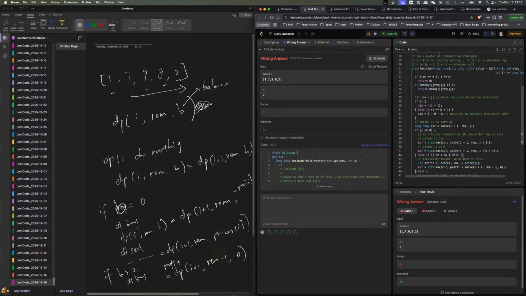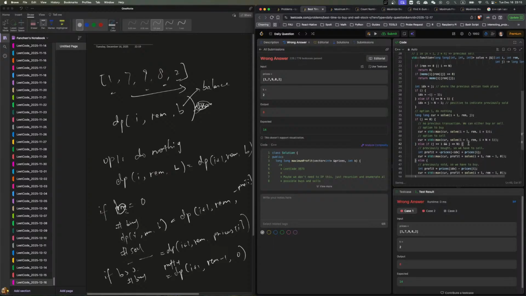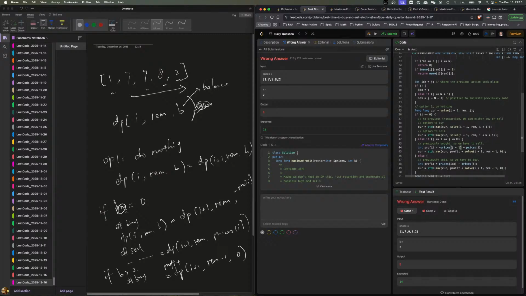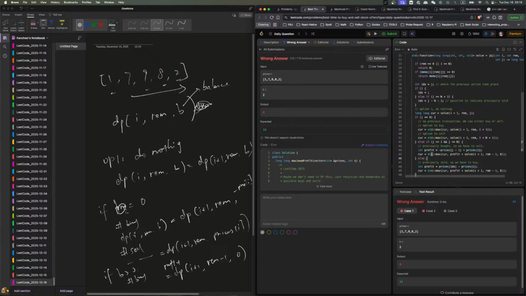That previously bought. The profit, so index is this. It's j minus 1. Previously bought. Else if, I mean, we don't have to else if because this is previously sold.